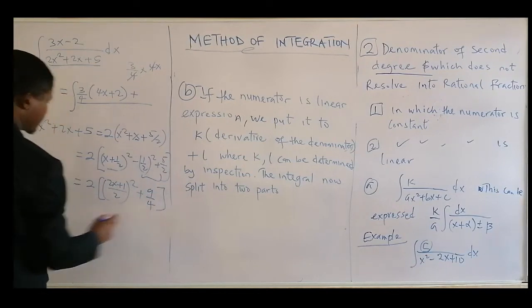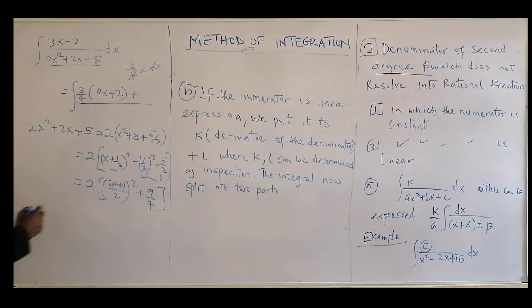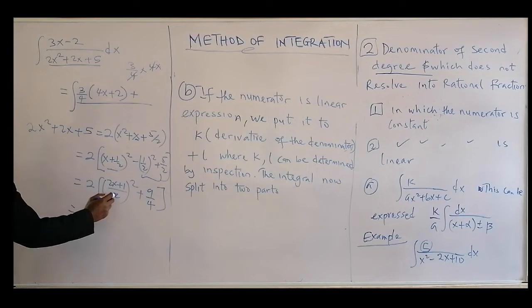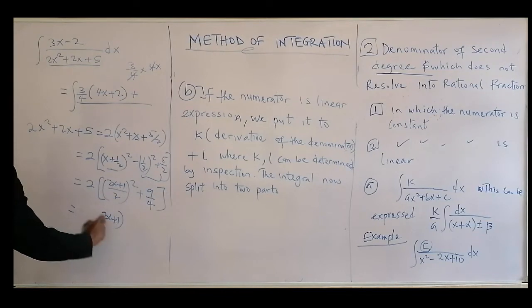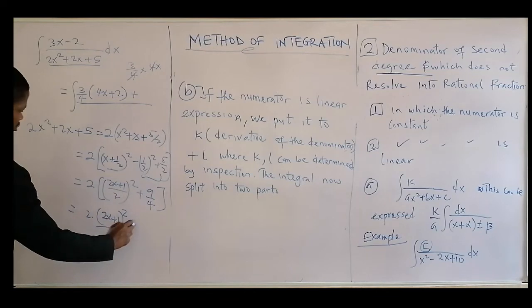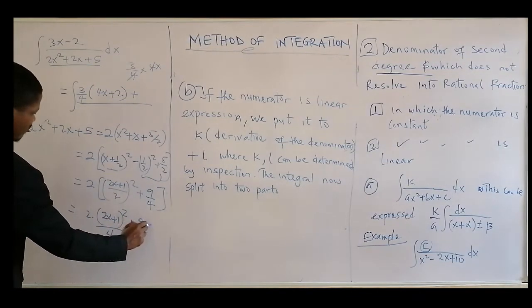9 over 4. So that will give us, if you open this bracket, this is 4 here. If this is 4, so I'm having 2x plus 1 squared over 4 times 2, then plus 9 over 4 times 2.